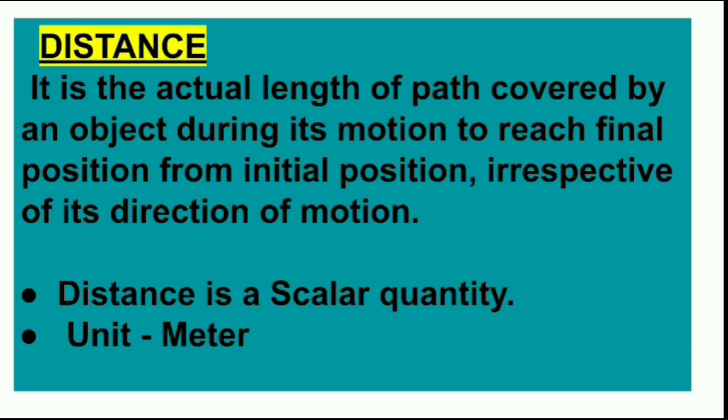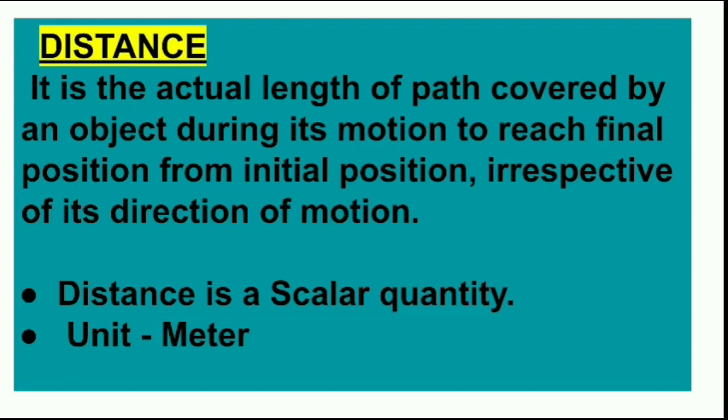So, here we have to know what is initial position and what is final position. Initial position is a position where a body starts, and final position is a position where a body stops.